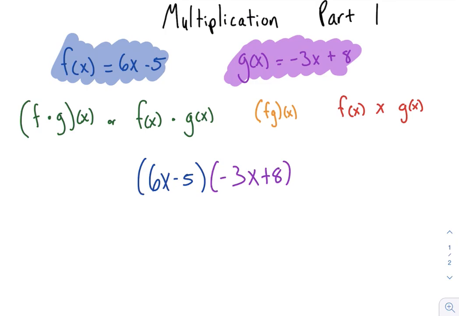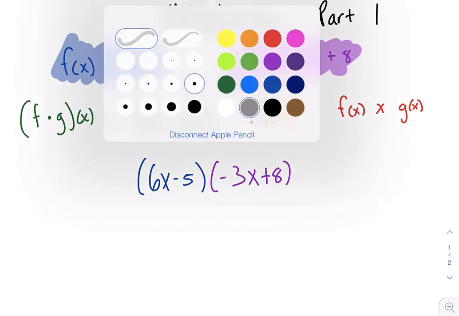Now, in order to multiply these 2 together, we are going to use distributive multiplication. So essentially what that translates to is every term from one function in one set of parentheses gets multiplied by every term in the other function or the other set of parentheses. So what I like to do is take a look at the first function, whatever one shows up on the left is my preference, which is 6x minus 5.